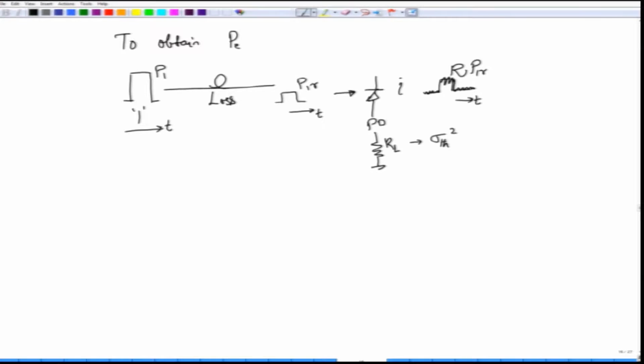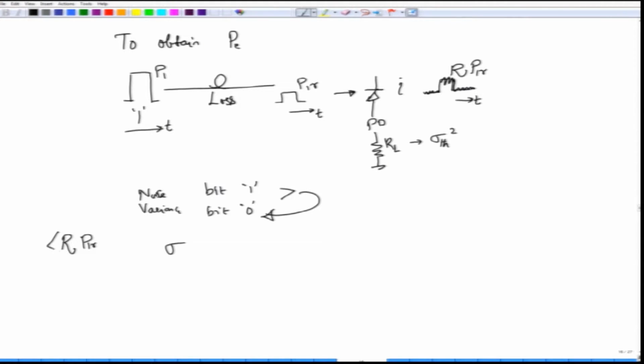Now, compared to a typical radio receiver which you would find in any of your cell phones or in the older radios, the noise levels for bit 1 and bit 0 are different. In fact, the noise variance of bit 1 is greater than the noise variance of bit 0. Can you guess why that is so? The answer is, when you have transmitted bit 1, you have received a certain power P1R, and the current that you have generated is R into P1R.